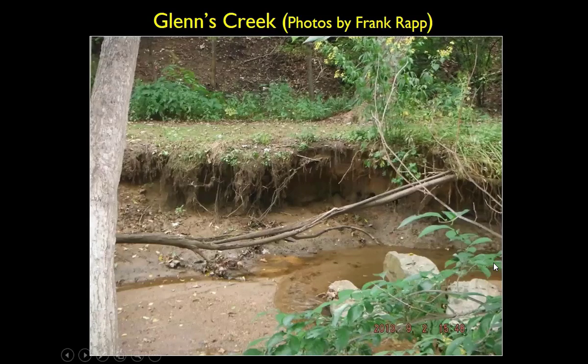So when we take the meanders out of a stream, as we like to do in urban areas, we have a lot more power in that stream, a lot more erosive power. And when that stream does hit erodible materials, it tears the heck out of it. And so this is a picture from Glens Creek right here on campus. And you look at all the fine sediment here in the stream.